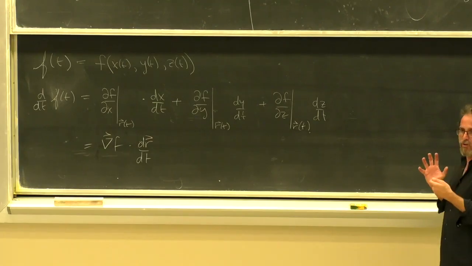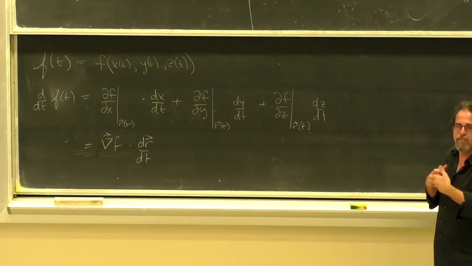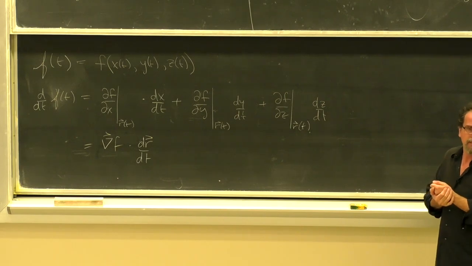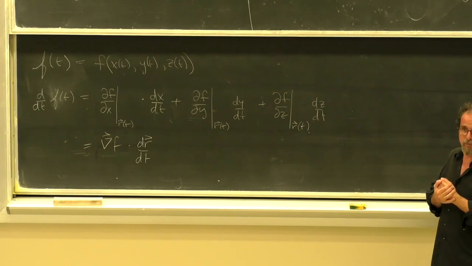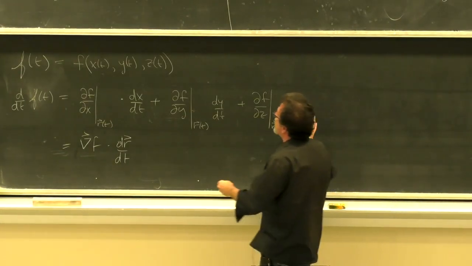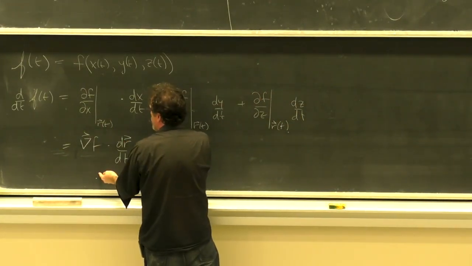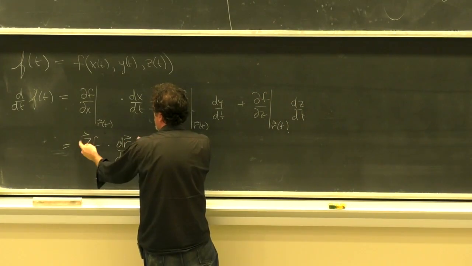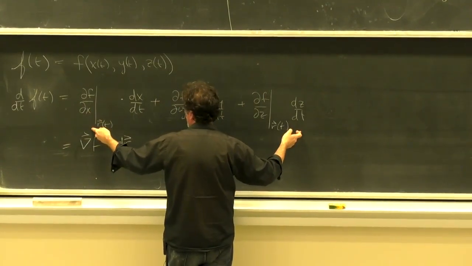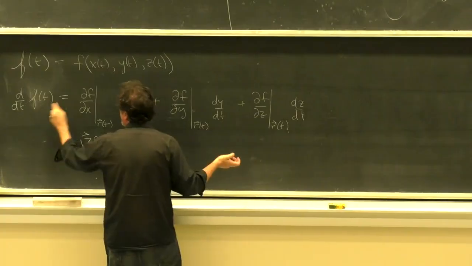So that's the full sort of teasing out the details of chain rule. Okay? That's what you did in Calc 21C. Now, what does that mean? It means I can replace this gradient dotted into this velocity with this quantity over here.